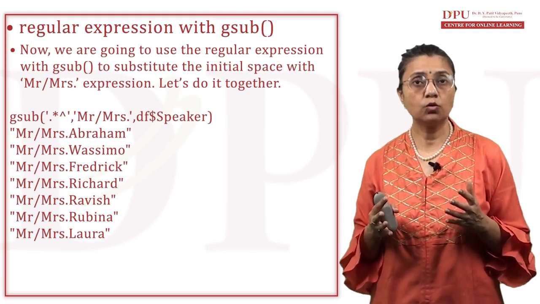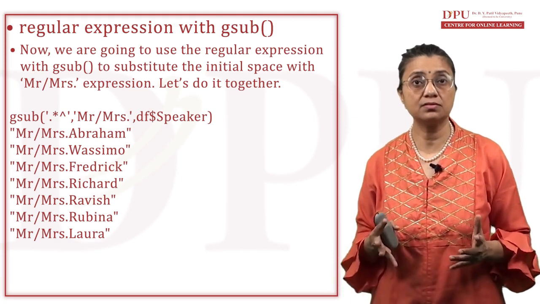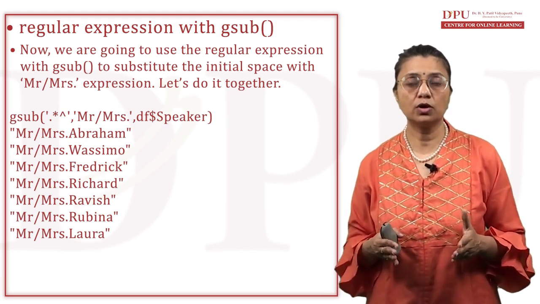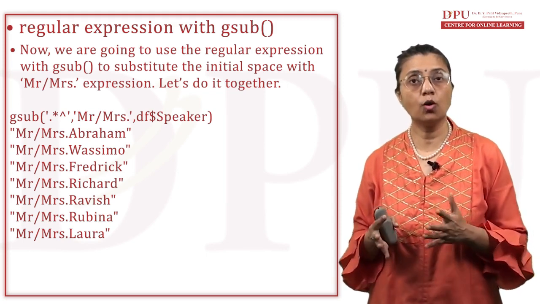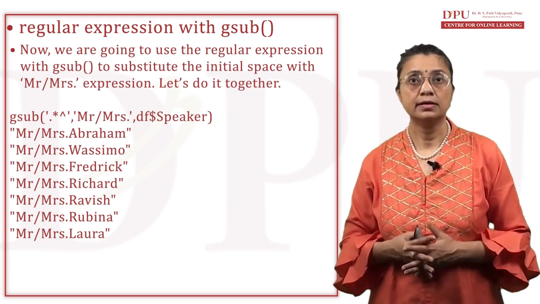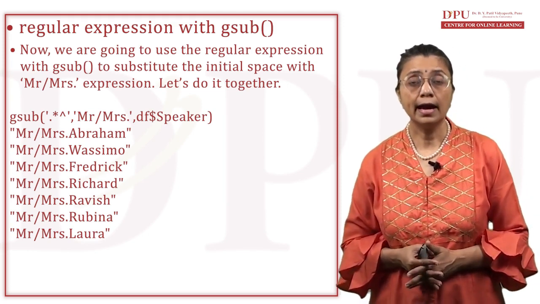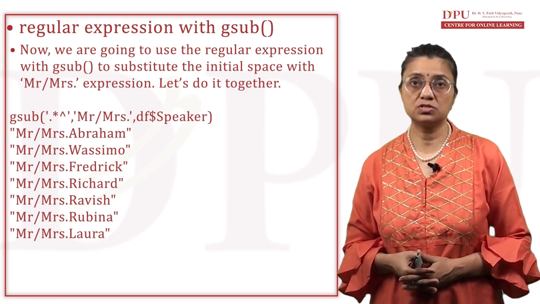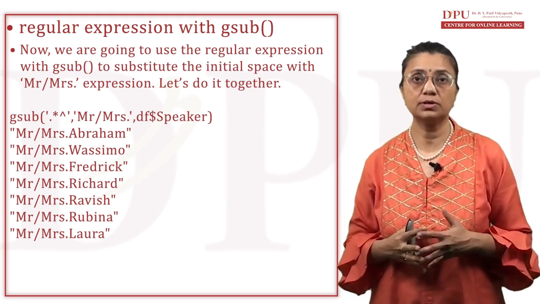This is the pattern search. So we are looking for dot, asterisk, which means 0 or more characters. So this is our location, what we are looking for, and the replacement string is Mr., Mrs. We have put that into quotes because that is the replacement string.